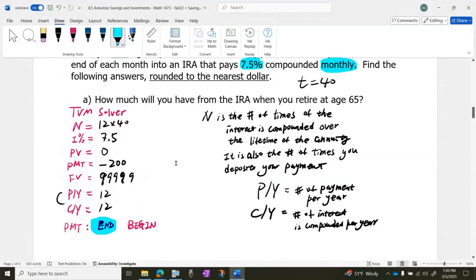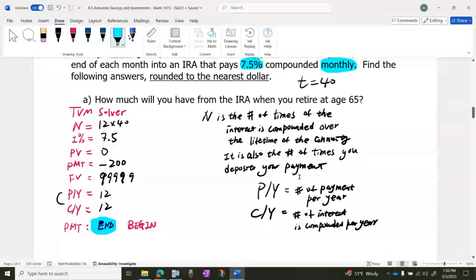I mentioned earlier we only cover ordinary annuity, so we always use END. We never use begin, unless you're talking about an annuity due, where the payment is made at the beginning of each time period. Then you choose begin.